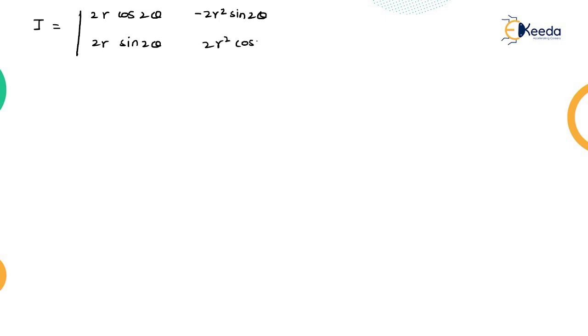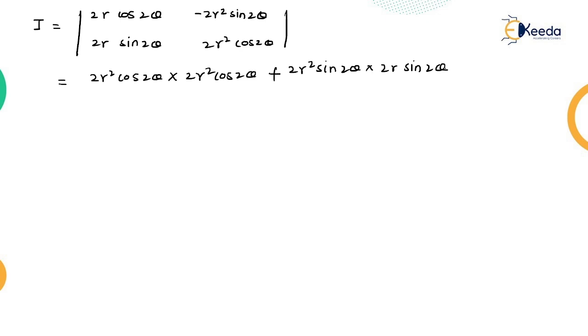Solve this by cross multiplication: 2r cos 2 theta into 2 r square cos 2 theta. Now the minus and minus becomes plus, so plus 2 r square sin 2 theta into 2r sin 2 theta. So it takes the value 4r cube, right?